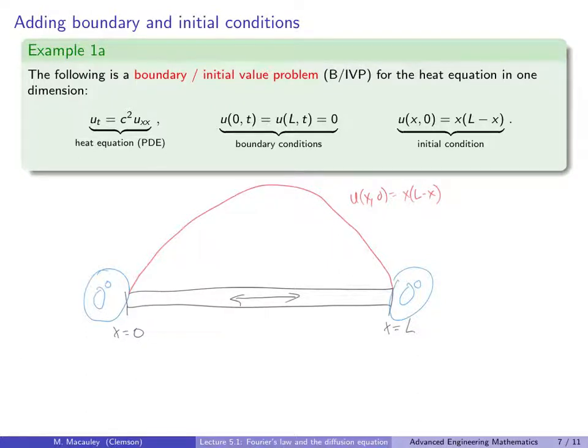Now what's going to happen over time? Just think about this intuitively. We've got this bar that's hot in the middle, cool toward the outsides, and it's uninsulated at the endpoints. So a few minutes later, the temperature is going to look like that. It's going to be diffusing. And a few minutes later, it's going to be flatter and flatter.